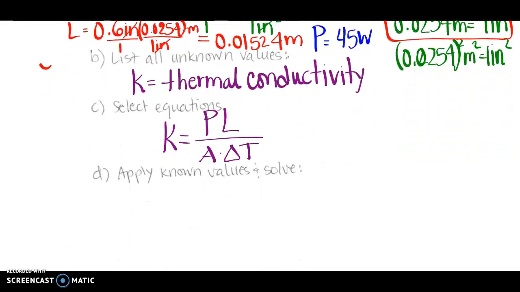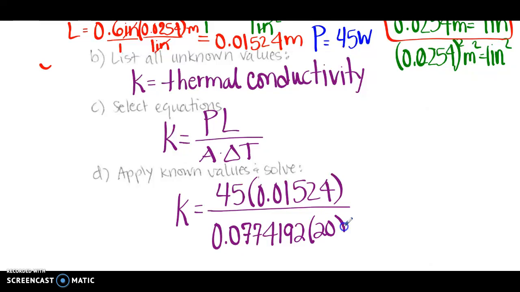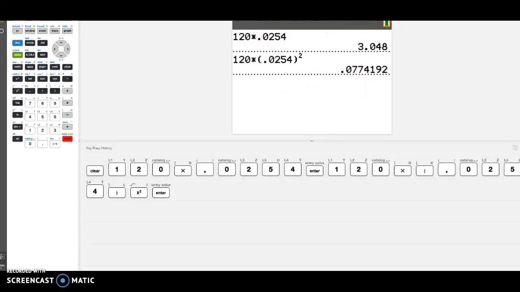All right, so let's put in the known values. P is 45. L is in meters, 0.01524. The area in square meters is 0.0774192 times 20. And we're going to throw that in the calculator.